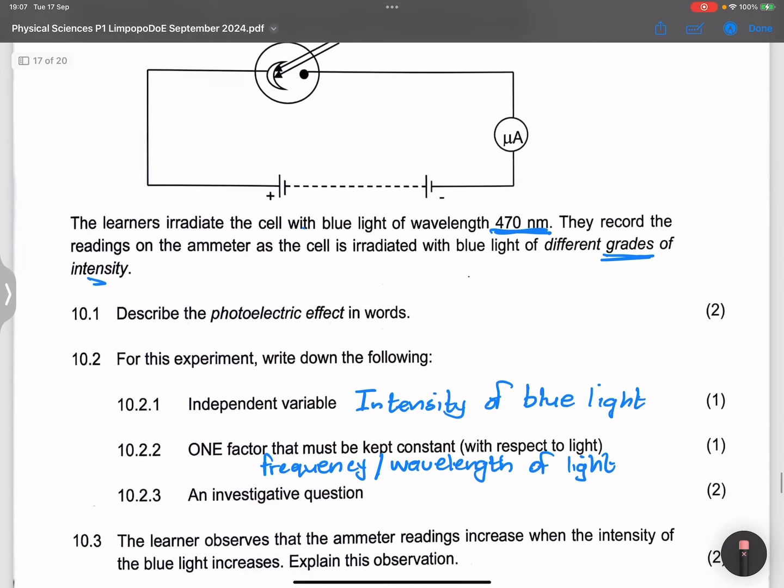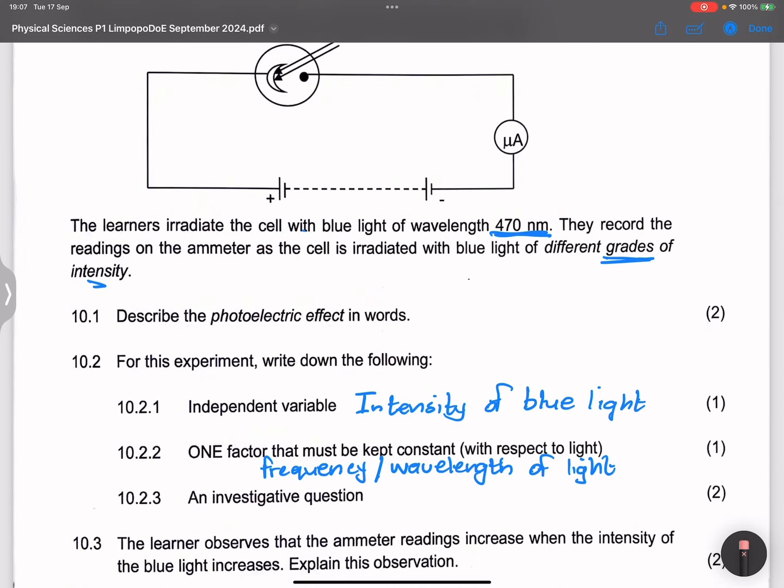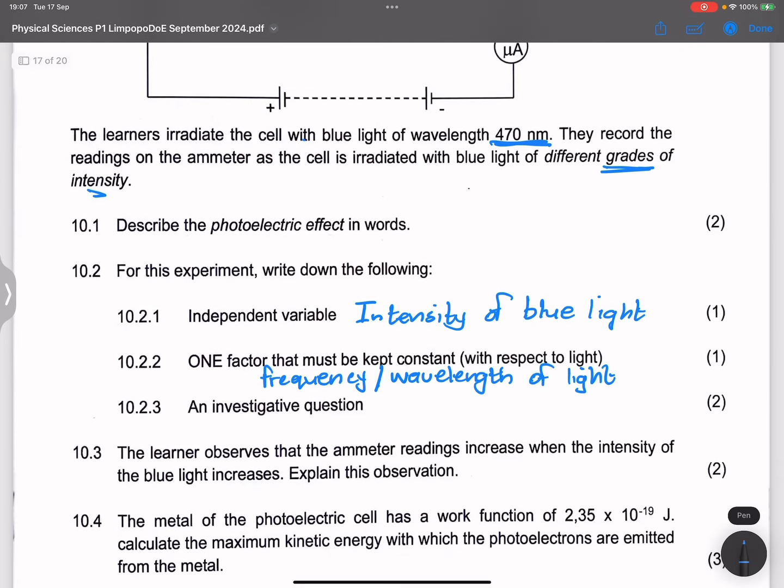Because we are measuring, they record the readings on the emitter. So I can say, how will the intensity of blue light, that's our independent variable, affect the photocurrent?